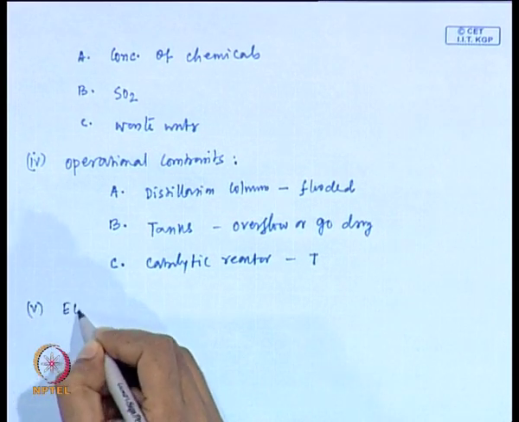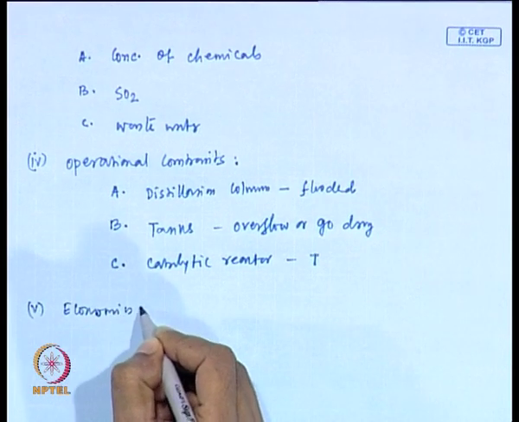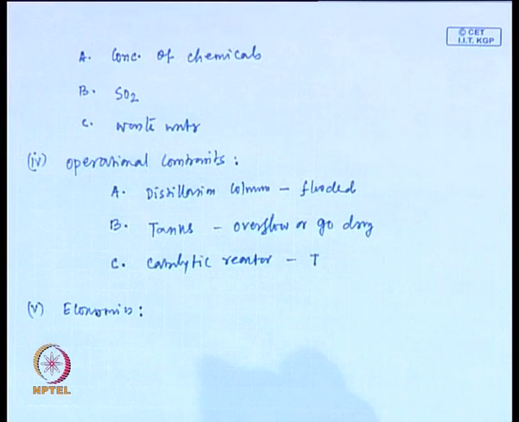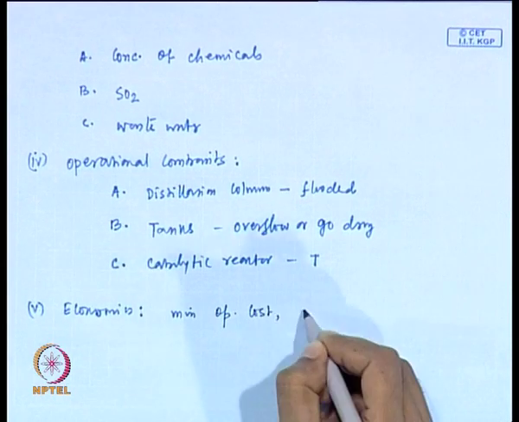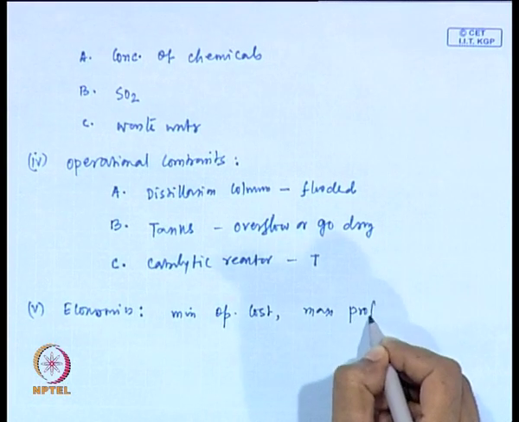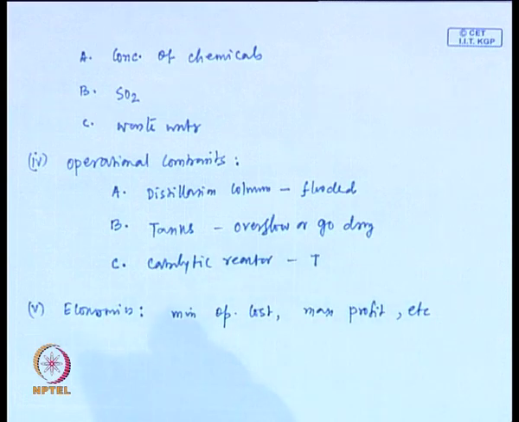Fifth one is the economics. It is required to control the operating conditions at given optimum level of minimum operating cost, maximum profit, etc. Say for example, we need to judiciously use the raw materials, the energy used in the process, the human labor, so that we can minimize the operating cost and maximize the profit.